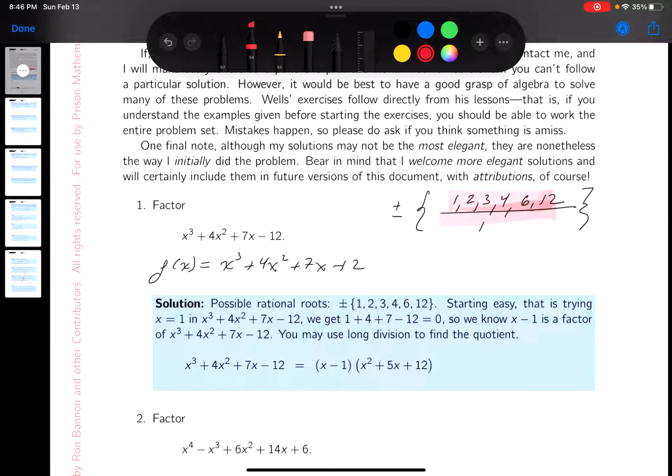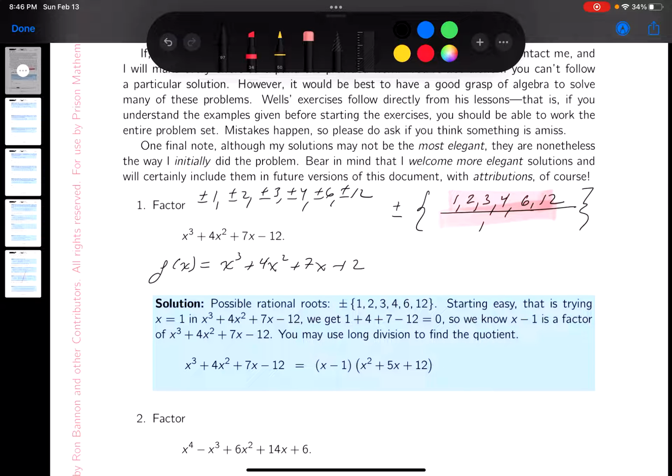So if someone says, what is that set? It's a fairly easy set of numbers. I'll write them down for you. It's going to be plus or minus 1, plus or minus 2, plus or minus 3, plus or minus 4, plus or minus 6, plus or minus 12. So, again, if it has a rational root, it's got to be in that list.